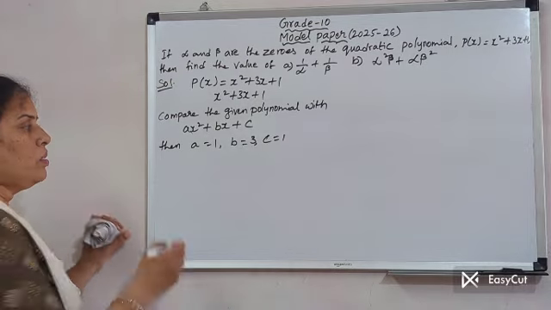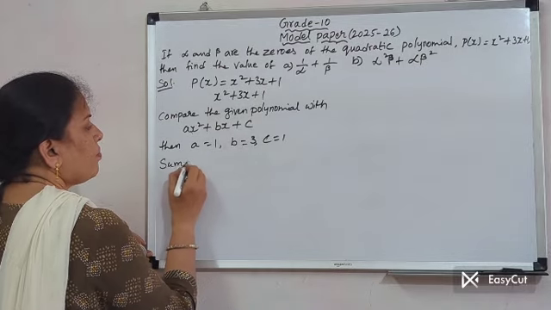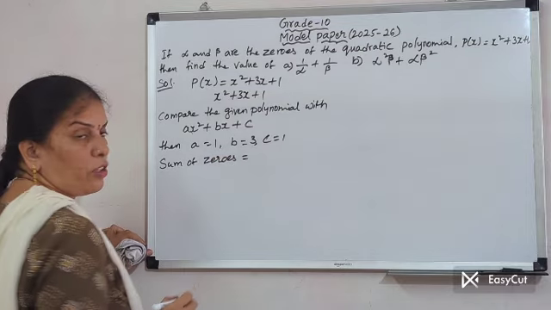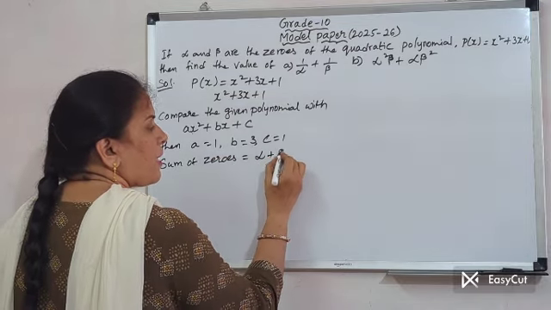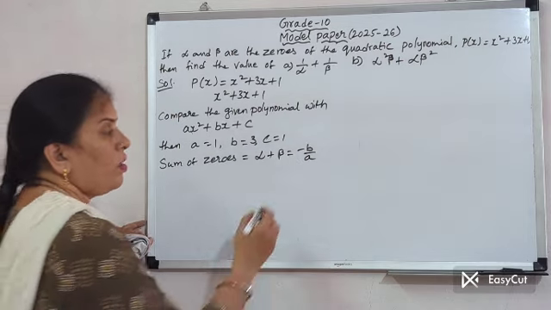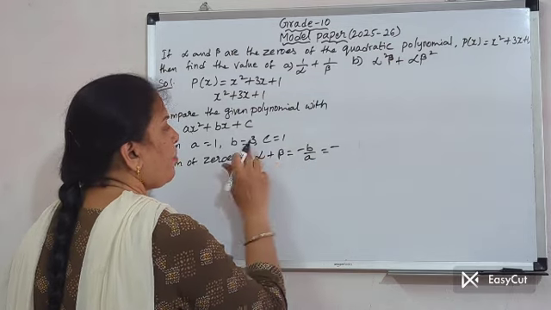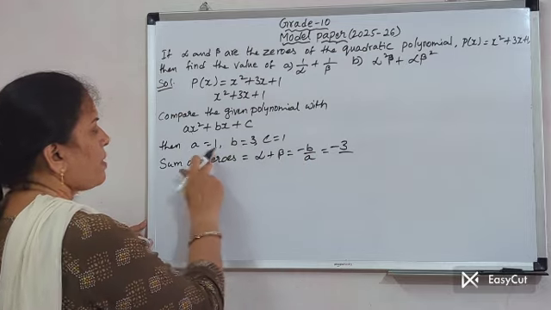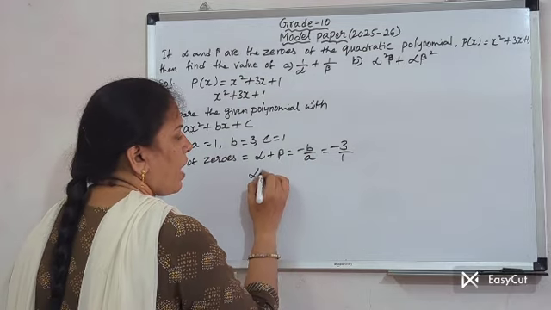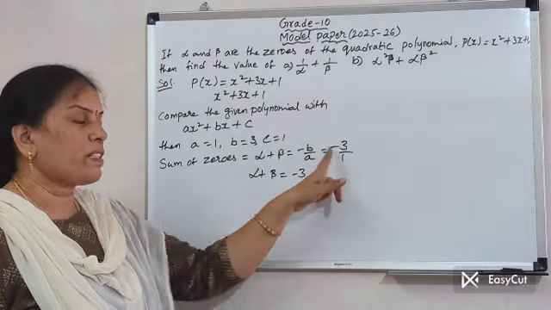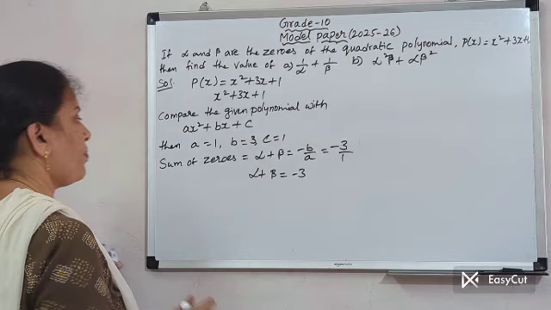Now, the sum of zeros is alpha plus beta is equal to minus b by a. What is b? 3. What is a? 1. So alpha plus beta is equal to minus 3 by 1, or minus 3, both are the same.